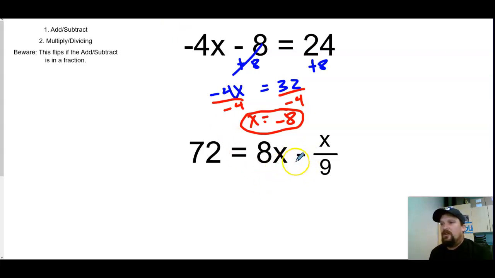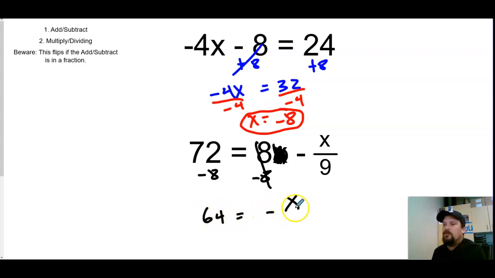The subtraction sign is not in a fraction. I know there's kind of a fraction division thing looking here, but the subtraction is not in it. So we're going to minus 8 on both sides first. That will disappear, and we get 64 equals negative, or subtract, x over 9. I want to get rid of this negative right now along with the 9, so I don't have to do another step.